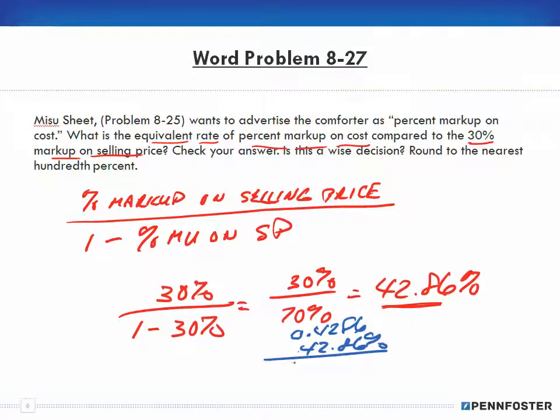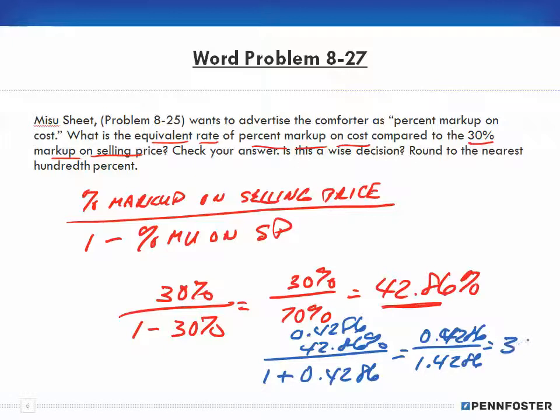And we divide it by 1 plus the 0.4286. So we have 0.4286 divided by 1.4286, and when we do the division there, we end up with the 30% of our selling price. So that's the check.